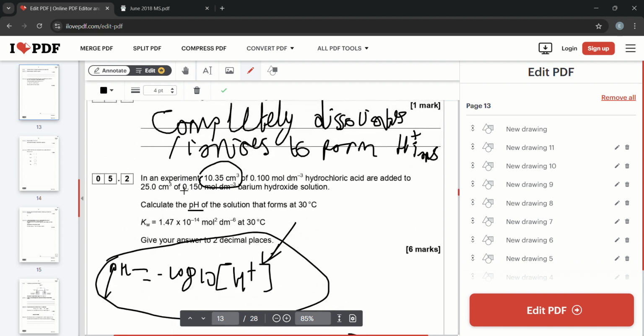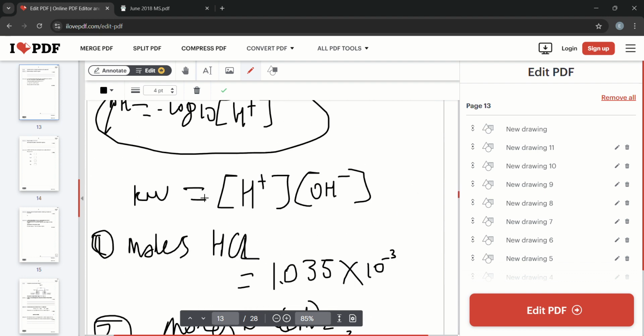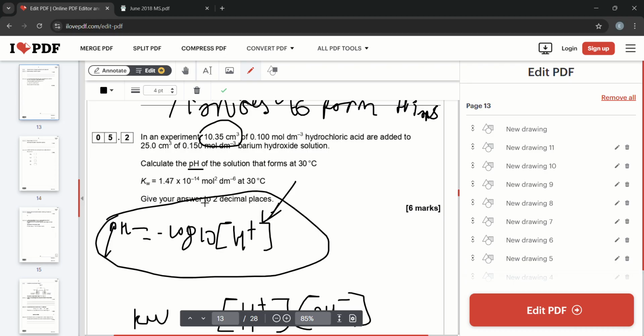Now we've got the moles of barium hydroxide and HCl. What do we do now?